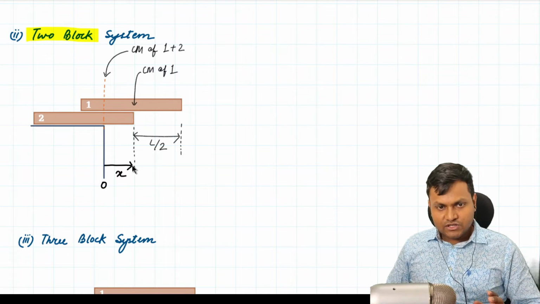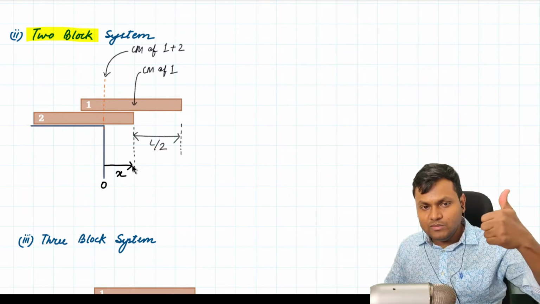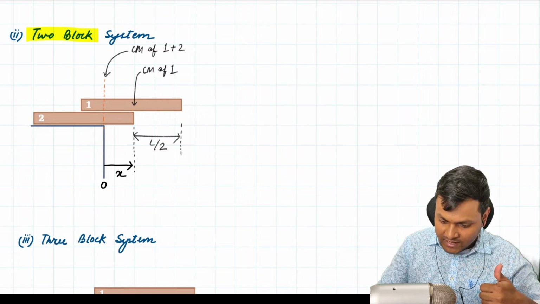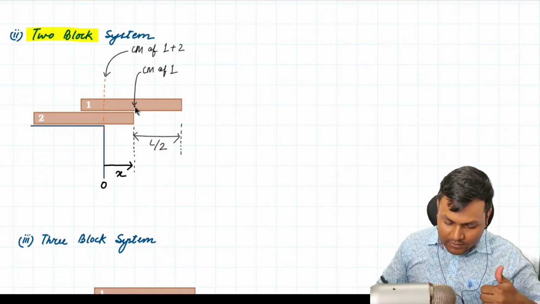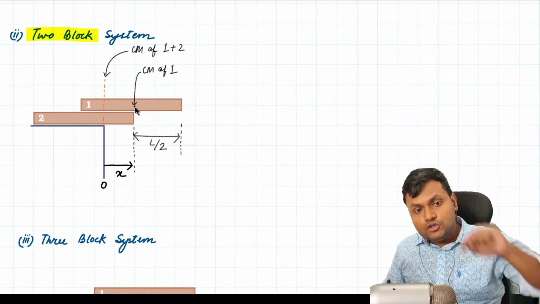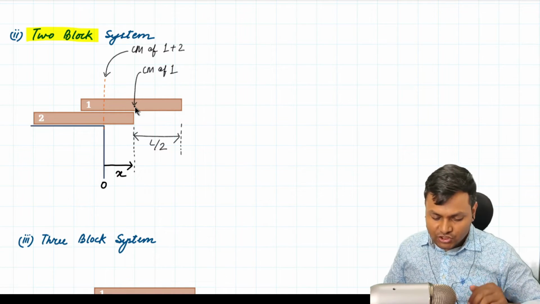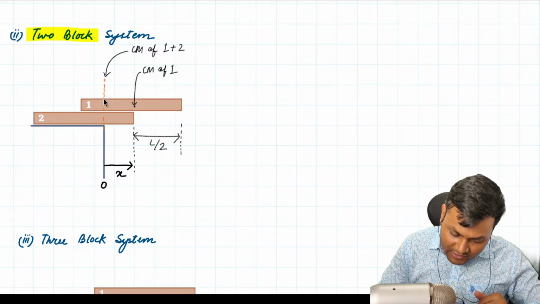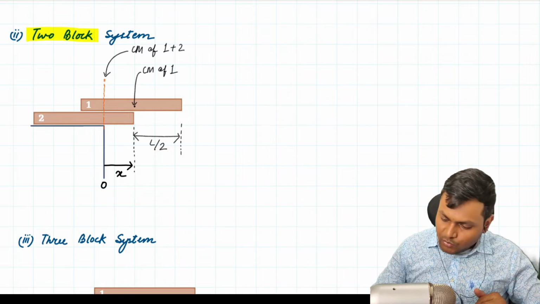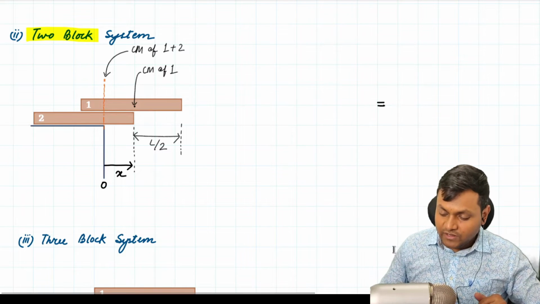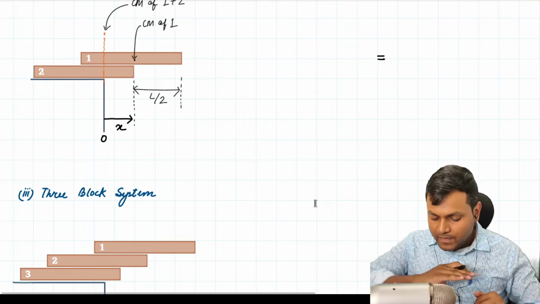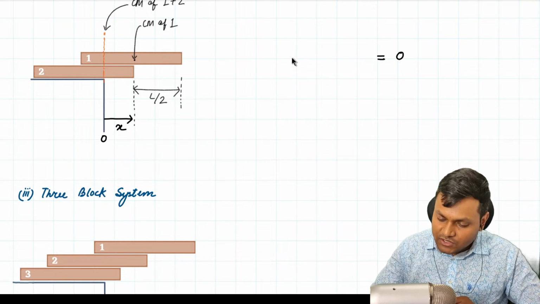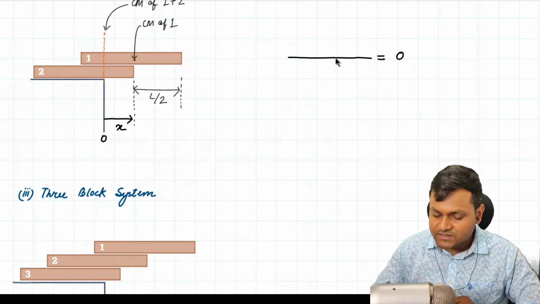In that kind of a situation, first of all, block 1 will be balanced on 2 if its center of mass lies exactly here, right? And the block 1 and 2 will be balanced on the edge if the center of mass of this configuration lies on the edge. So let's suppose the center of mass of this entire configuration is given by the 0 coordinate in the x-axis.